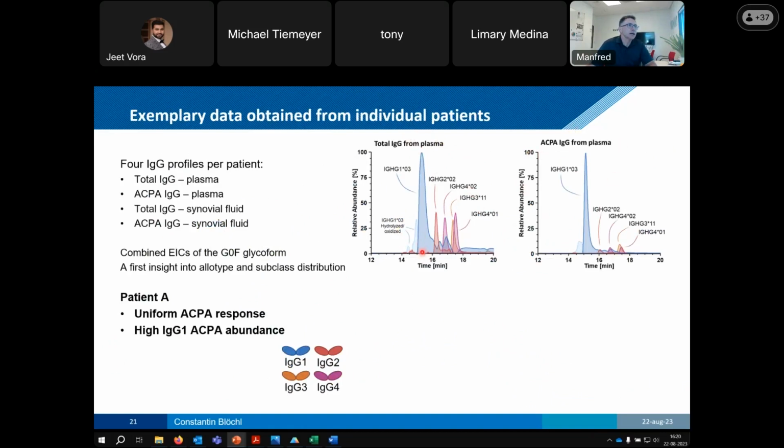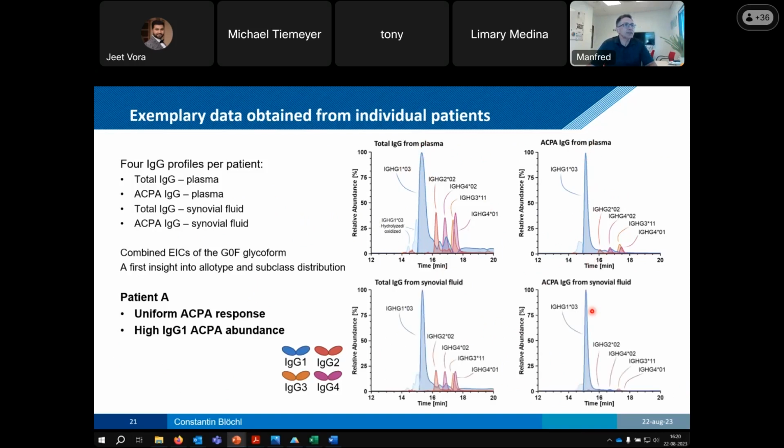And you see that here the subclasses are differently involved. This is the overall subclass profile of this patient, and this is the autoantibodies. For the autoantibodies, we see that it's mainly the IgG1 subclass contributing. And this is quite similar for the synovial fluid. Also there we find the autoantibodies. So they are in the synovial fluid, but also in the circulation. And again, it's mainly the IgG1 subclass contributing.